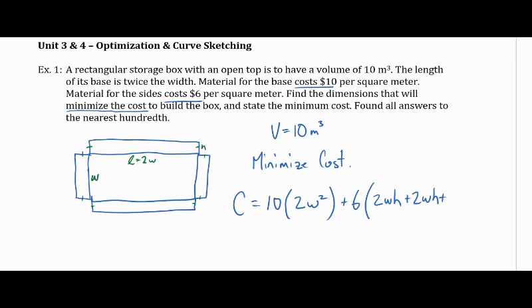And then the left flap, w times h, the width times the height, and then another width times the height. No top, so I think we're done. Which equals 20w squared plus 6 times 2wh, 4wh, 5wh, 6wh.